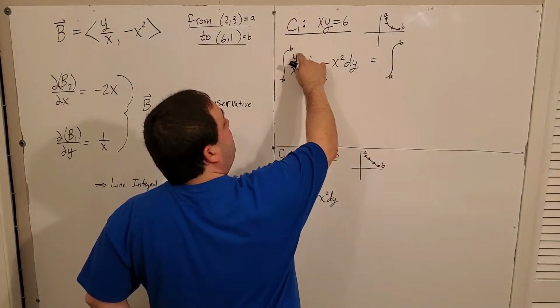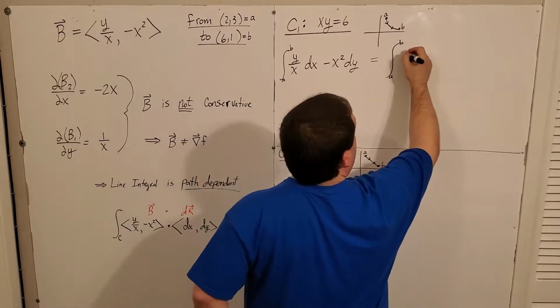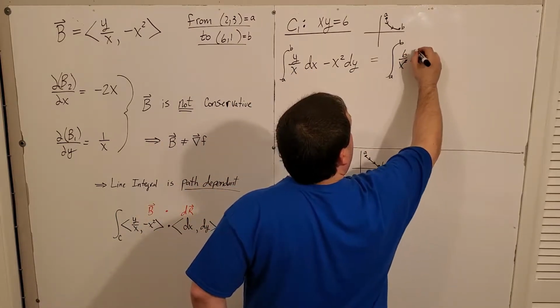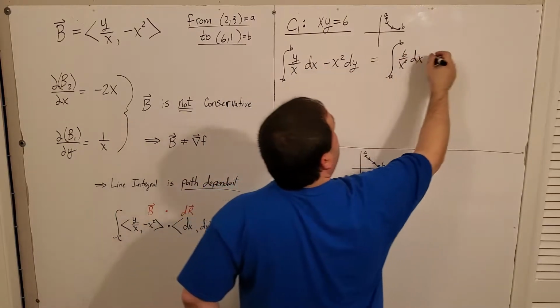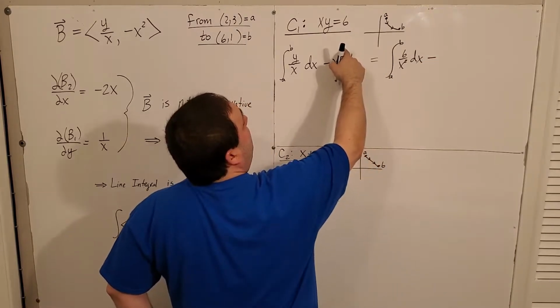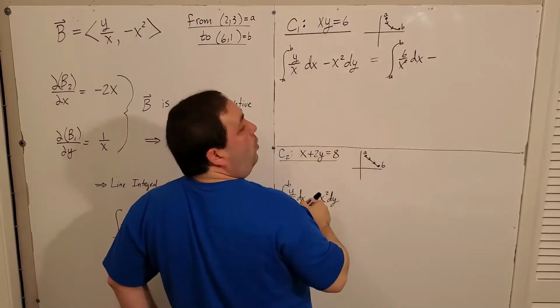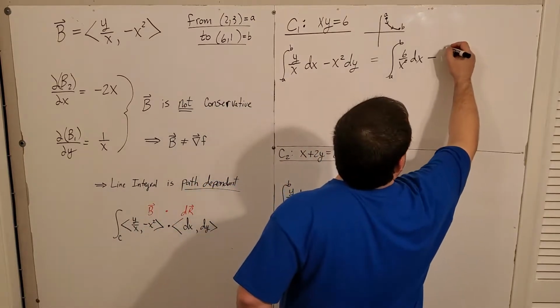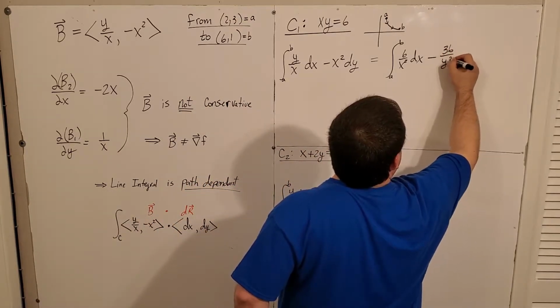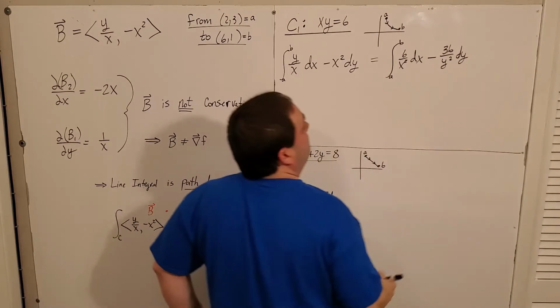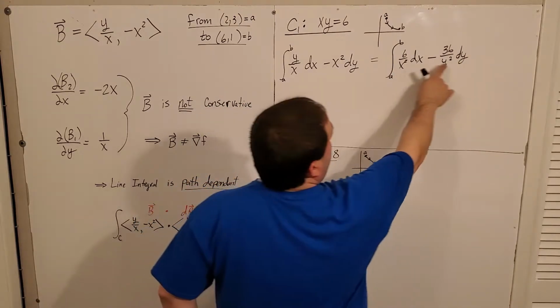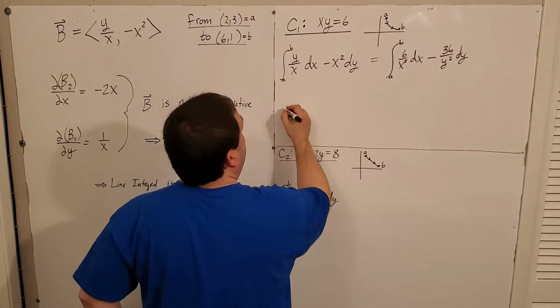I'll have 6 over x, which is going to be 6 over x squared dx, minus x squared, but x is just 6 over y, so that's 36 over y squared dy. All right, so then I've just got some antiderivatives to do there.